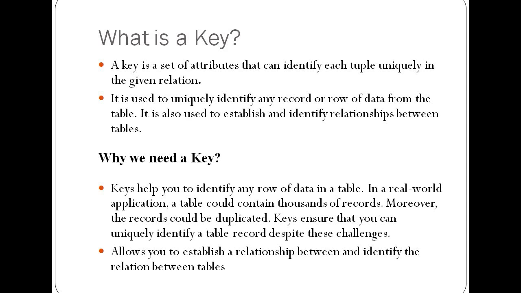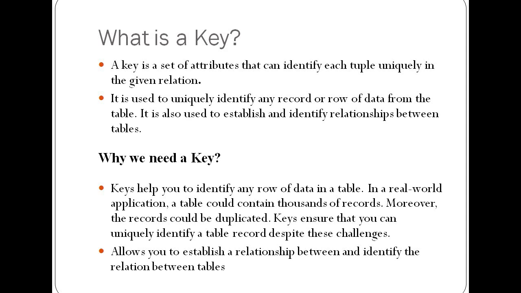See here, a DBMS key is an attribute or set of attributes which helps you to identify a row. A row is nothing but a tuple in a relation. I am repeating that, don't be confused. A relation is a table. Keys allow us to find the relation between two tables.